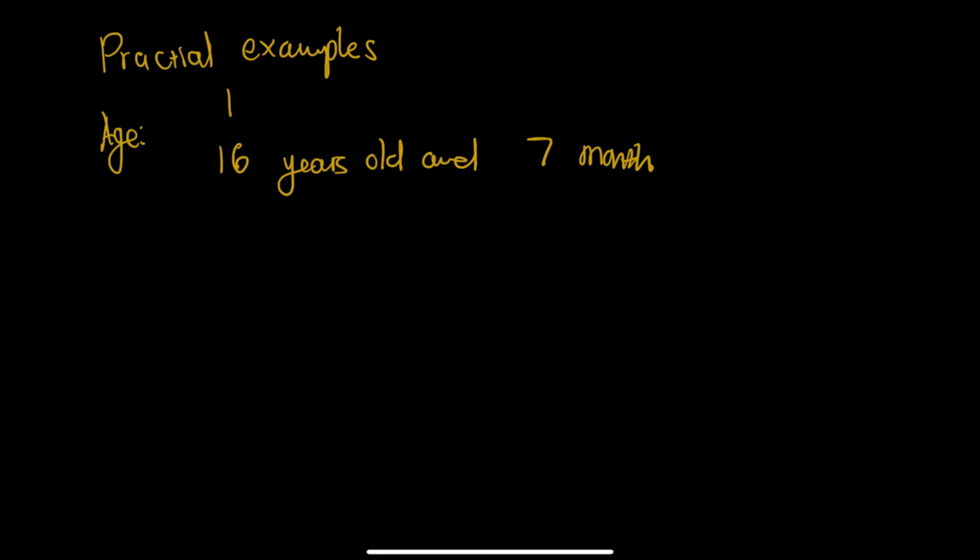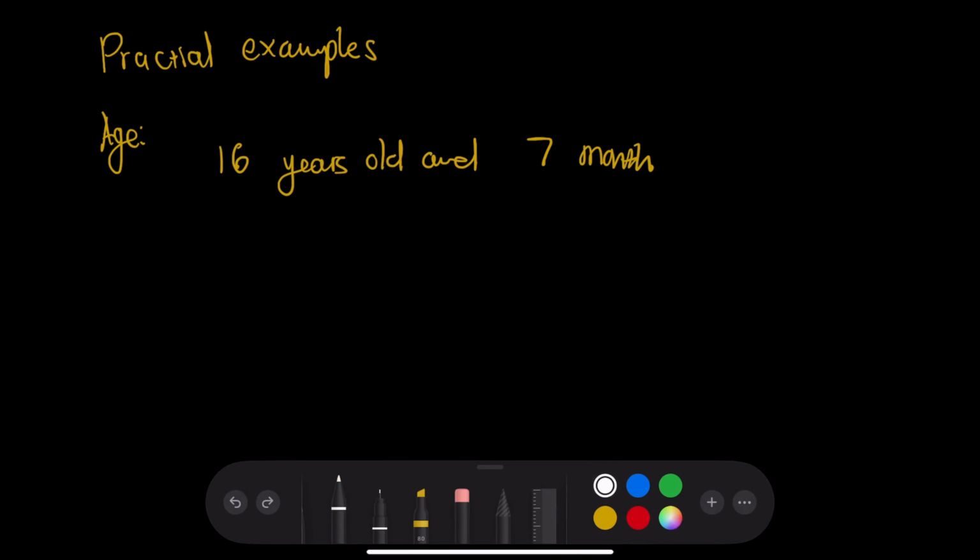The question is, please round off your age. So I'm not actually 16 years old, but let's just say for this example I'm 16 years old and 7 months, and it's asking me to round off my age.